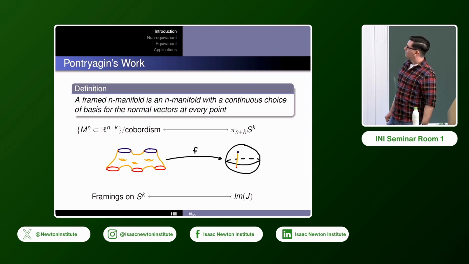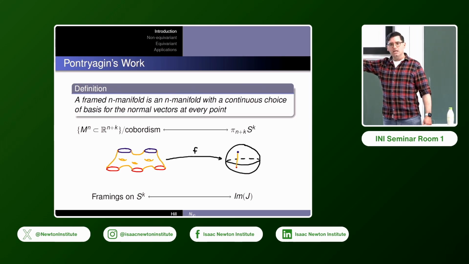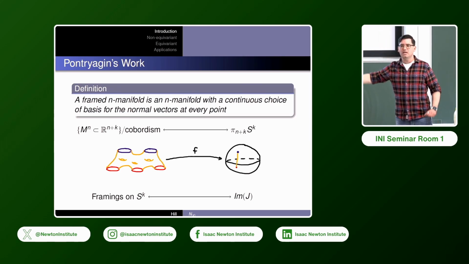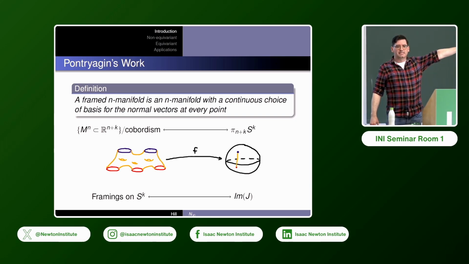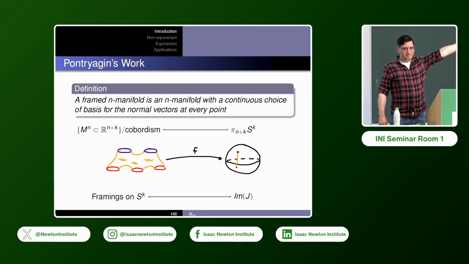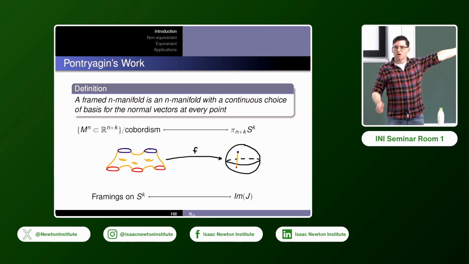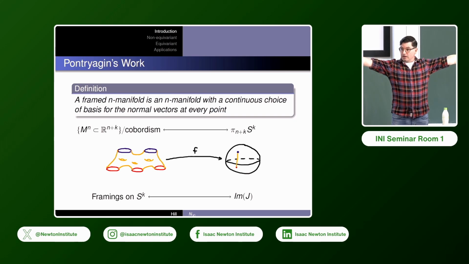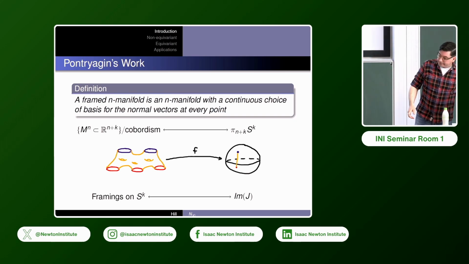And Pontryagin showed that to give myself a manifold embedded together with a choice of framing is the same data as giving myself a map between spheres. And the way the dictionary works, going from the left-hand side from my perspective, I guess the right-hand side from y'all's, over to the other is fairly straightforward. I have a map between spheres.